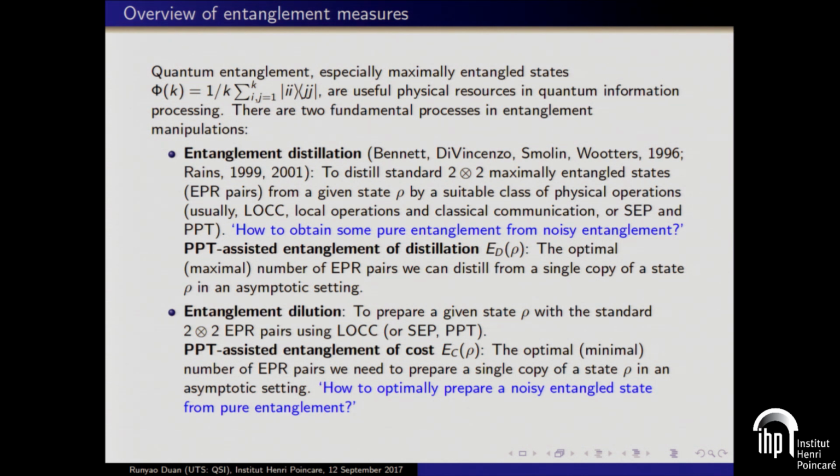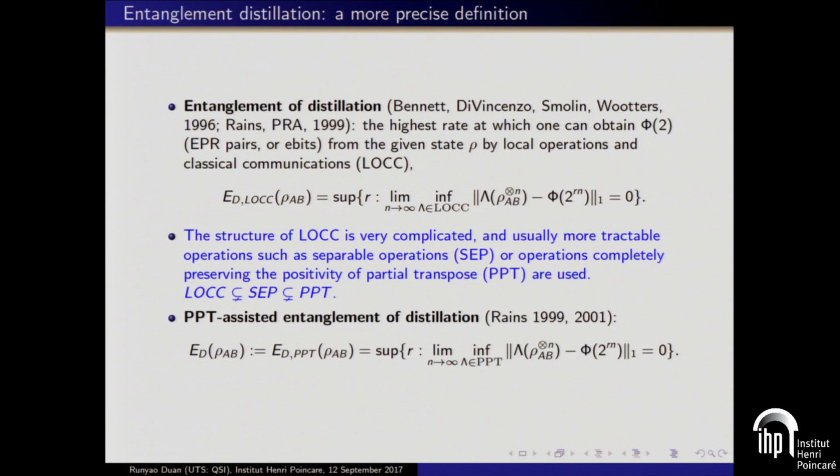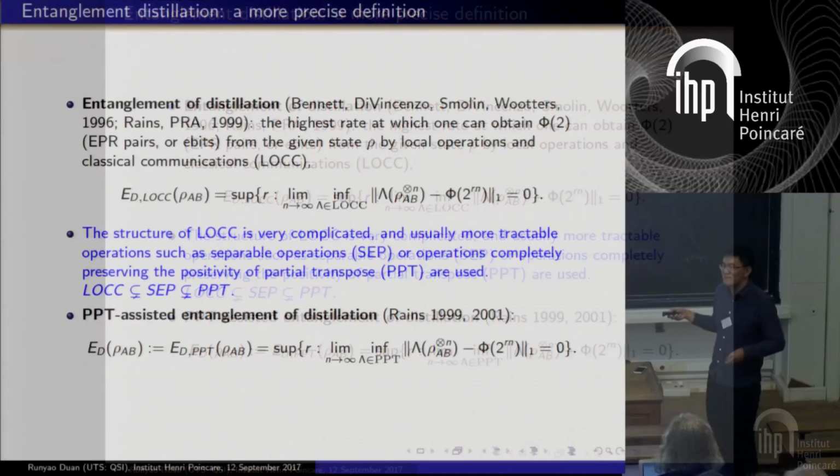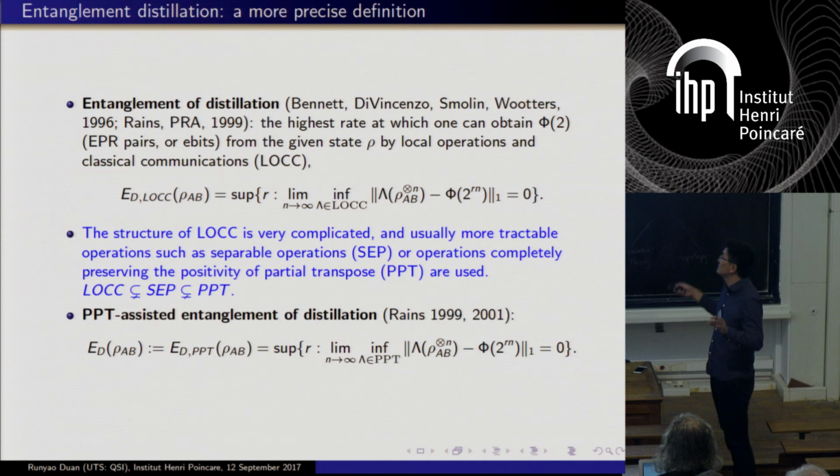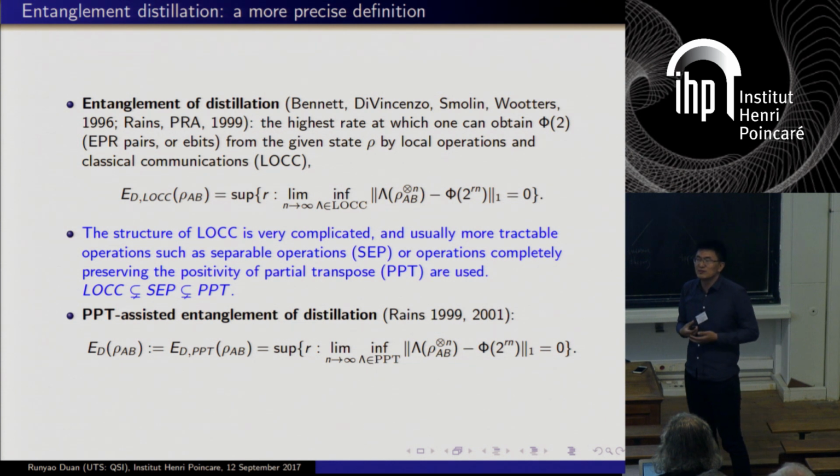And now, because most people here are mathematicians, I guess, we need to make sure we define things in a mathematically precise way. So entanglement distillation can be defined in this horrible way, because you have to use a limiting procedure.